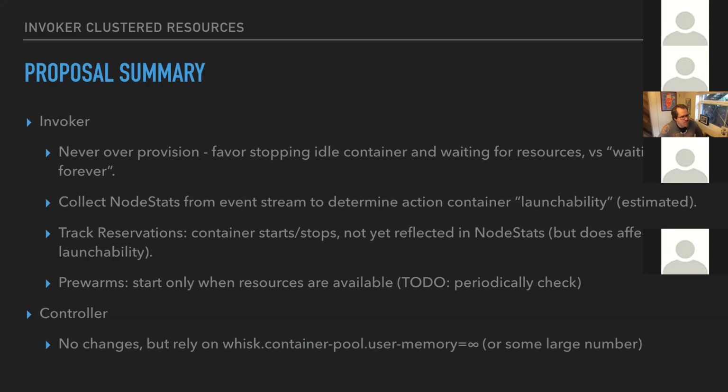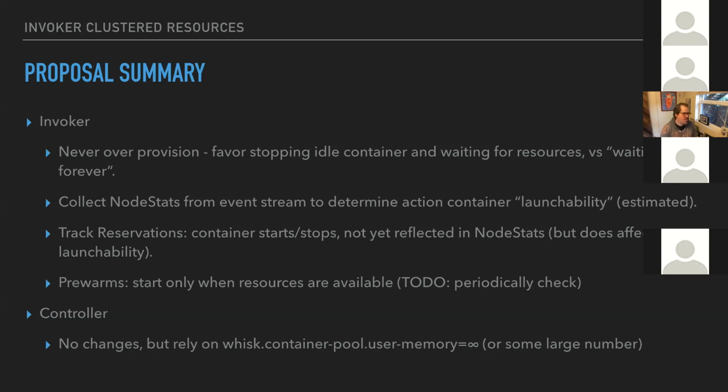And so what this means is that, once the cluster reaches capacity, according to the cluster manager, we need to do the right thing in terms of stopping containers versus trying to arbitrarily wait for some ability to launch containers. So there needs to be some way to signal from the cluster manager that the invoker can or cannot launch a container of whatever particular size.